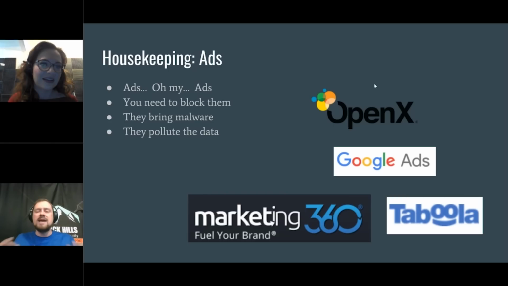When you're looking at ads for Google Ads, Marketing 360, Taboola, OpenX, and hundreds of others, they don't have very simple domains that you can simply whitelist. They're usually randomly generated domains that are long, and it looks very malware-ish. So block the ads because it gives you a much cleaner signal to noise ratio on the output.